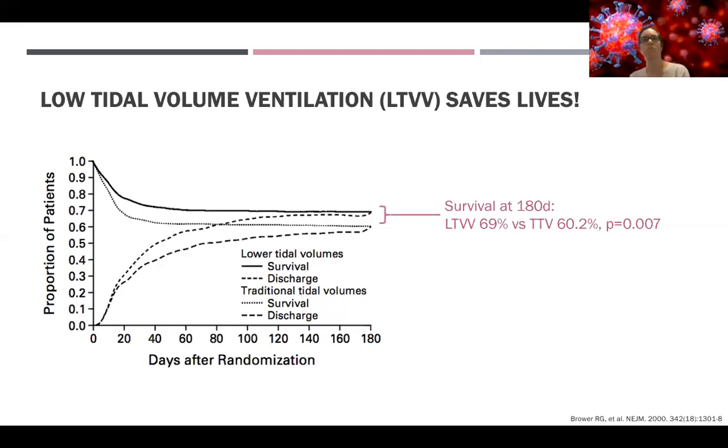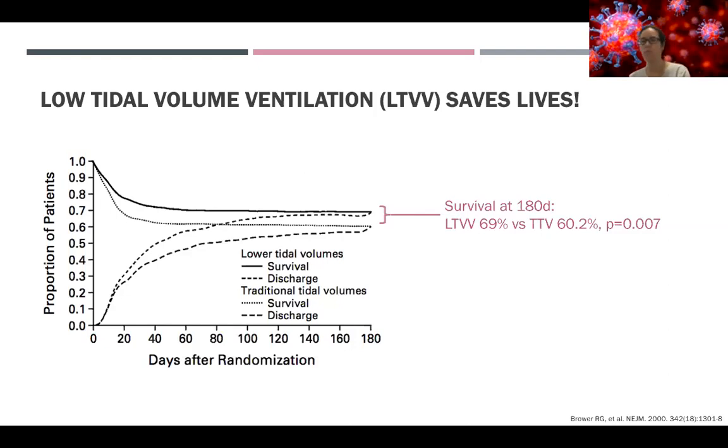One had lower tidal volumes, which were about anywhere from 4 to 8 cc's per kilo, versus traditional tidal volumes, which were at the time much higher, ranging from 12 to 15 cc's per kilo. So there was a significant survival benefit.